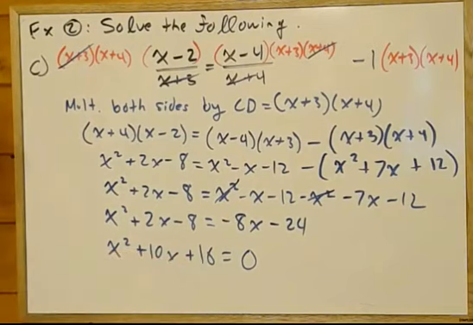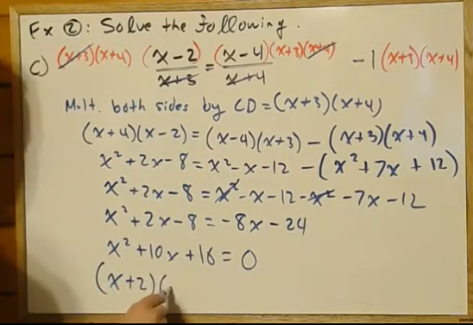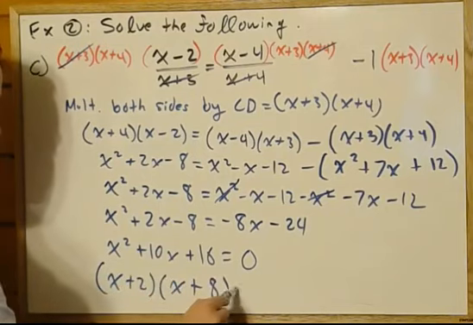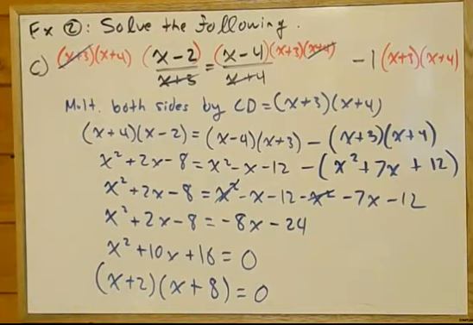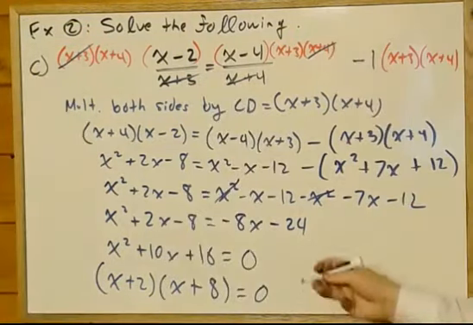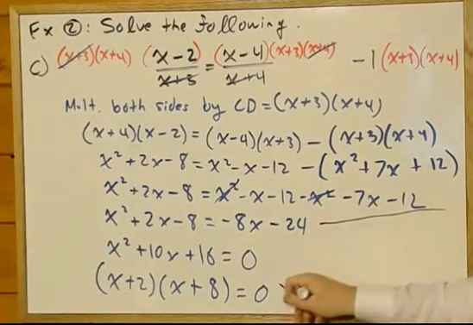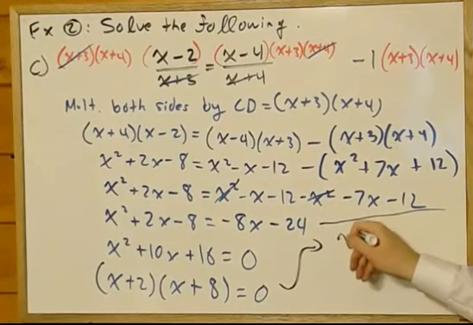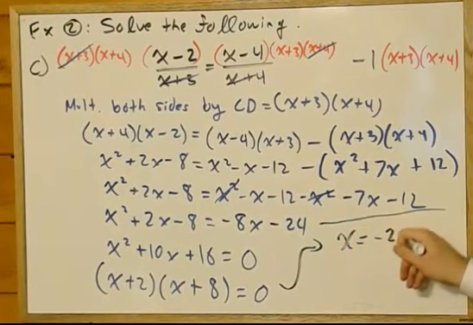What two numbers multiply to make 16 and add to make 10? Those numbers will be 8 and 2. And so what we'll be left with is the case that x must be equal to -2, -8.